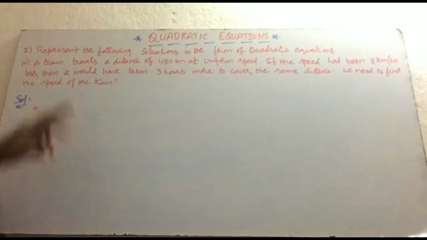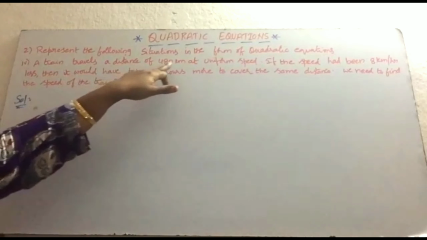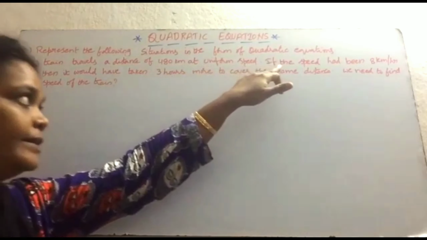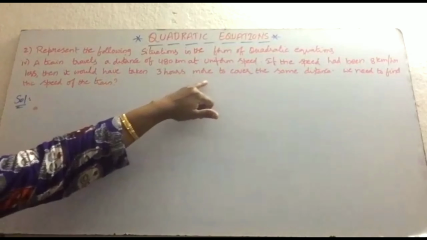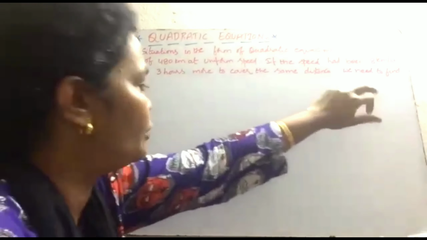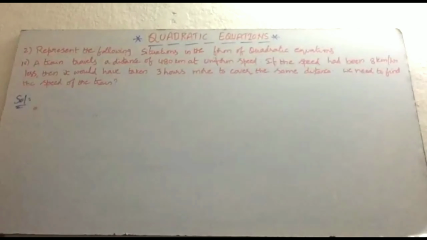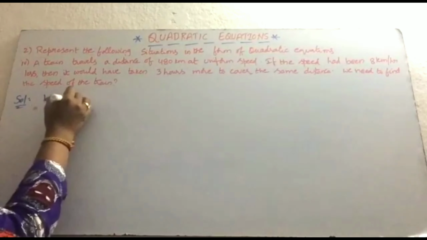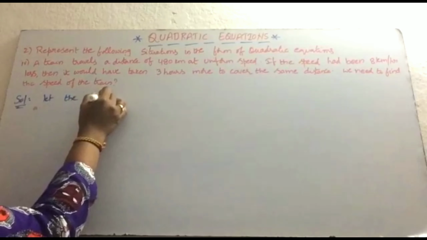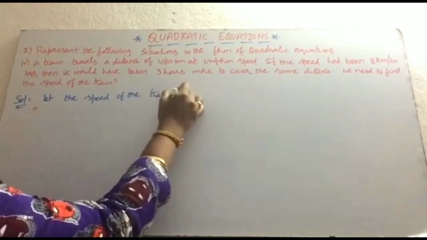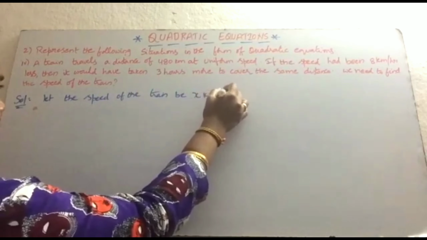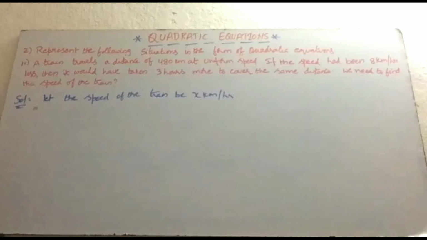Next problem. A train travels a distance of 480 kilometers at uniform speed. If the speed had been 8 km per hour less, then it would have taken 3 hours more to cover the same distance. We need to find the speed of the train. Let the speed of the train be x kilometers per hour.